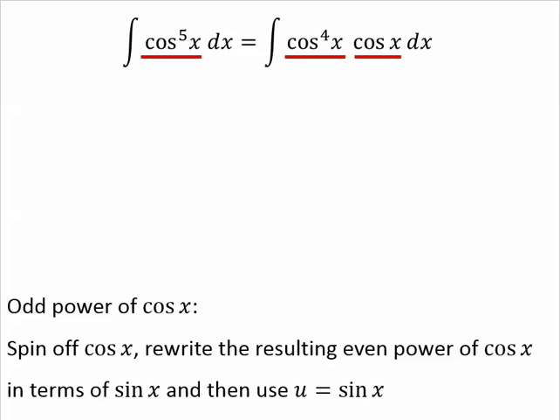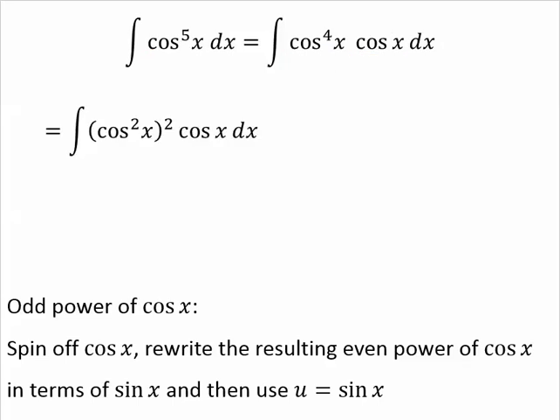First, spin off cosine x. Notice that I have cosine to the 5th, and I rewrote it as cosine to the 4th times cosine. Then I want to write my cosine to the 4th in terms of sine.